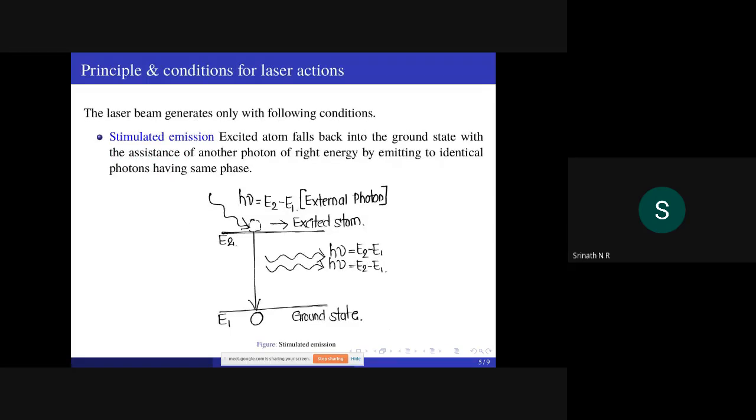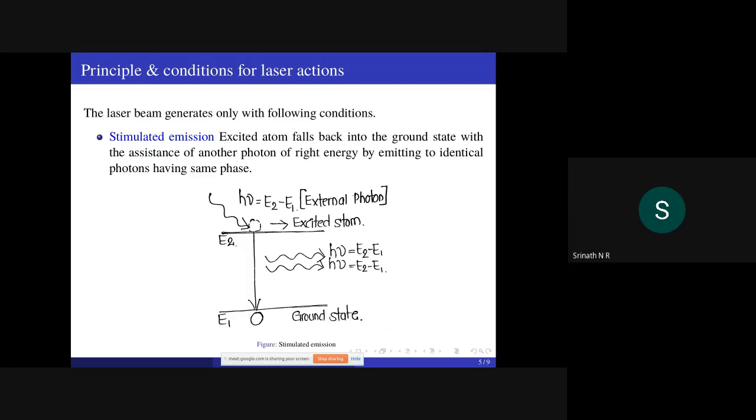Principle and conditions for laser action. The laser beam is generated only with the following conditions. In the laser, the main consequence is stimulated emission.